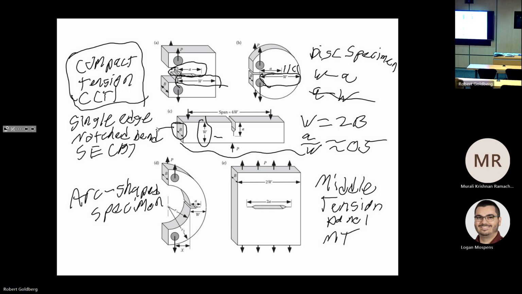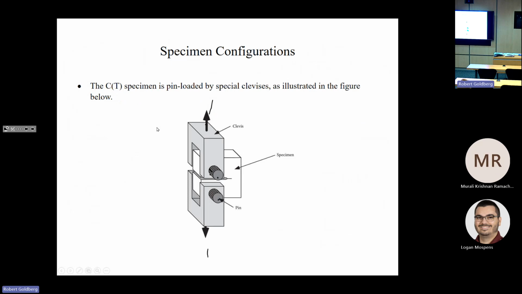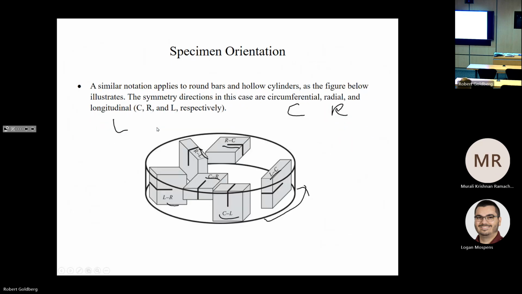For the compact specimen, you're looking at kind of the same thing.